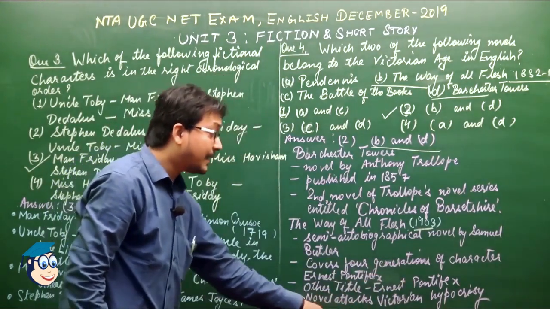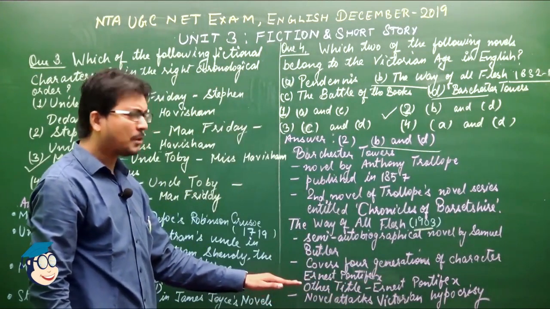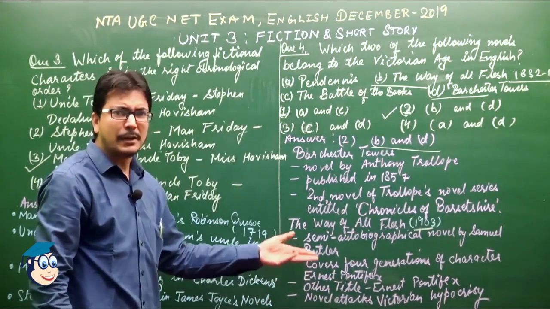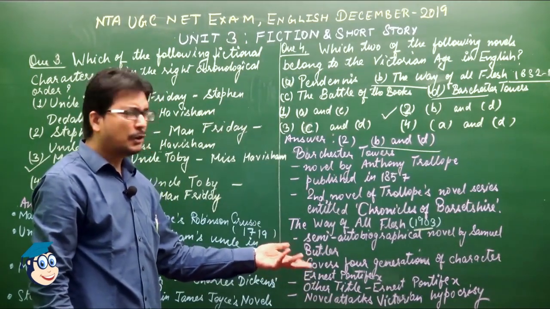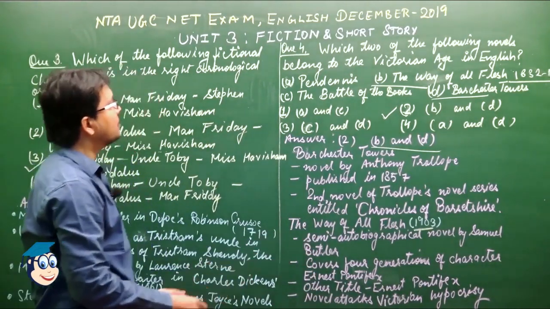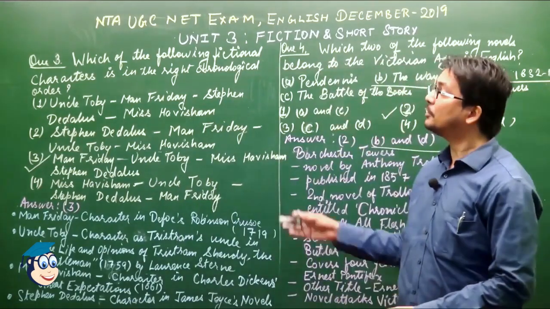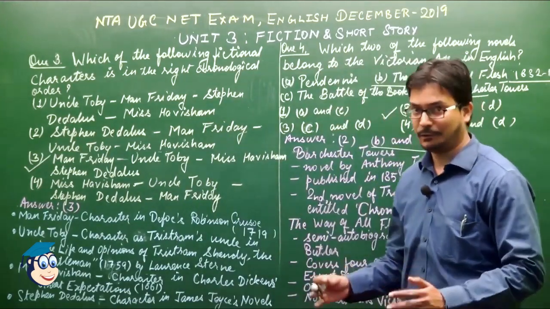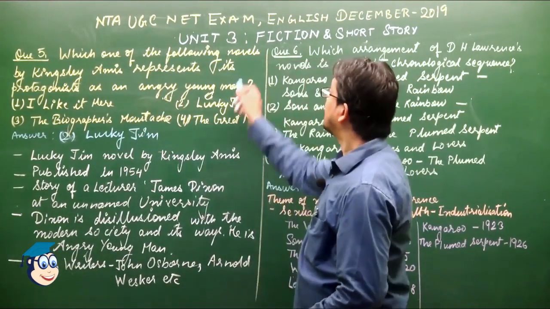The novel attacks the Victorian hypocrisy and show, and many things that were considered too critical and not to be followed by many people in the Victorian age. So now you are expected to note it down first and then we will talk about the other questions with the solutions as well. Now let us talk about the 5th question of our unit 3.